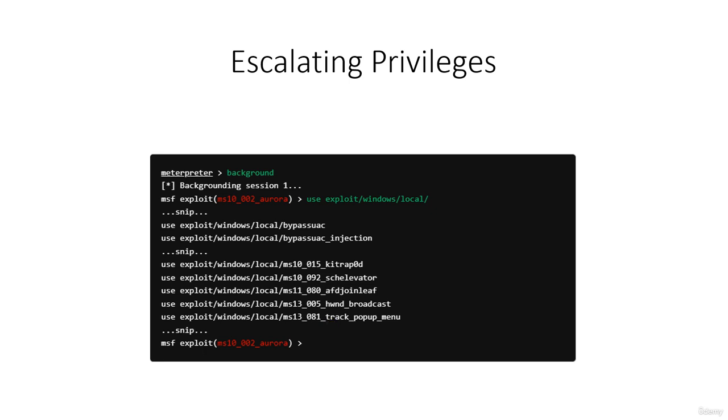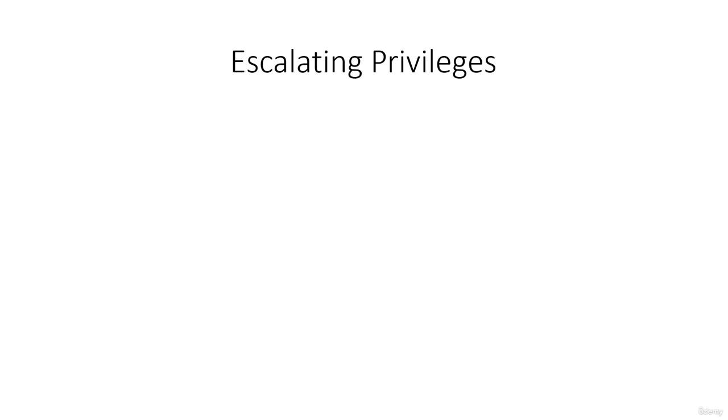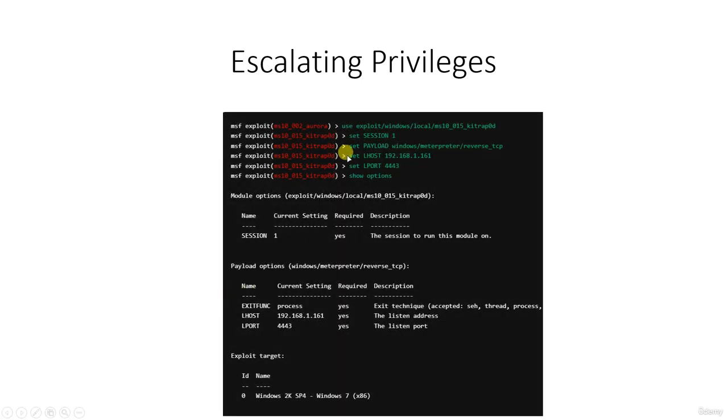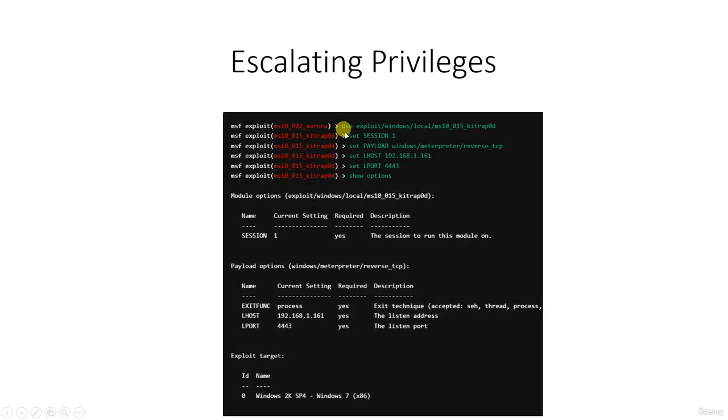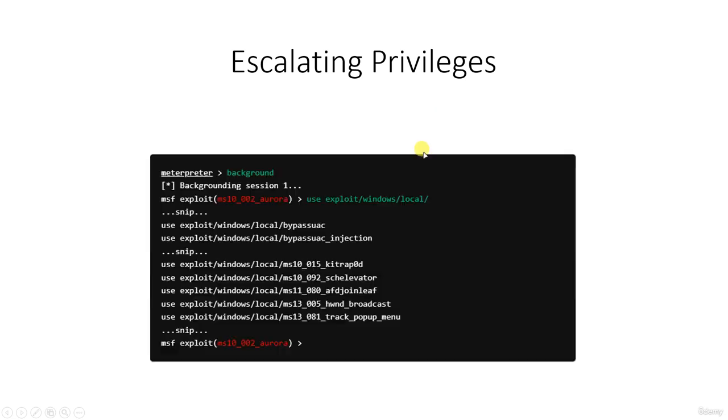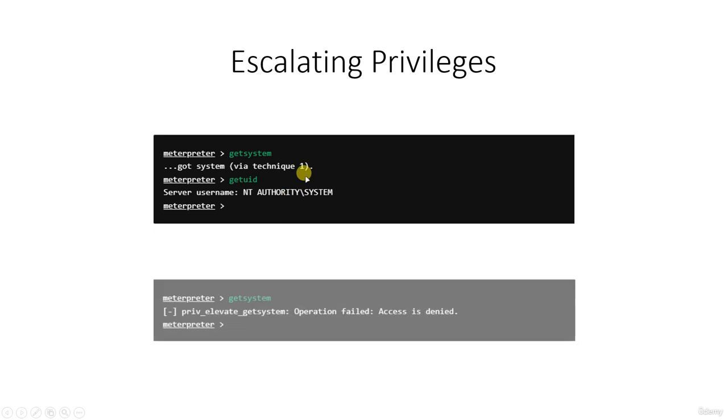What you need to do is simply use the KiTrap0D vulnerability exploit. Simply type this one, as you can see. After this, you need to select session 1 that we previously saw.